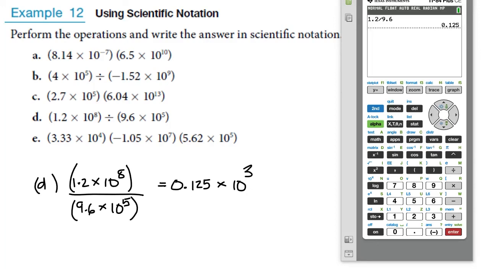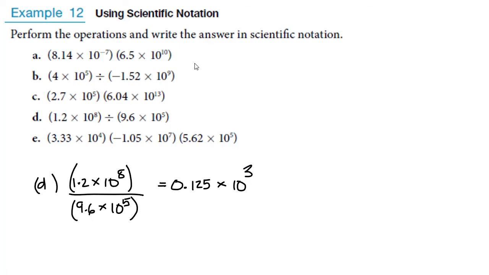Now this is not in scientific notation. I'm going to have to move the decimal place forward 1 decimal place in order to get a number between 1 and 10. So this is going to become 1.25 times 10 to the minus 1 times 10 to the power 3. So that's 1.25 times 10 squared.